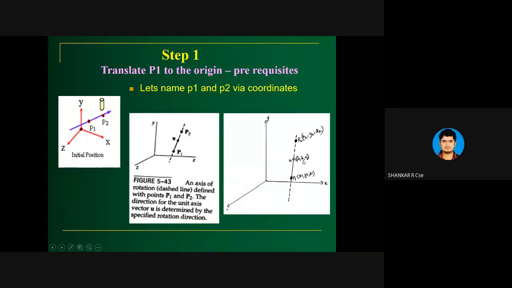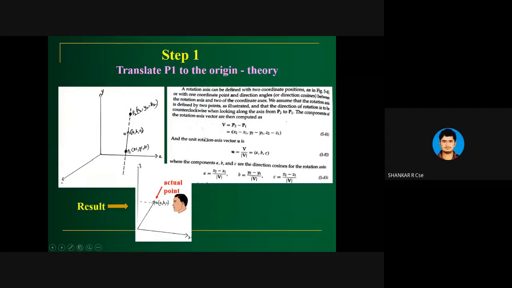Now what do you mean by a? A is the direction cosine of x, or in other words, x2 minus x1 divided by the magnitude of the whole vector. U is ABC, where A is x2 minus x1 divided by the magnitude of the vector. Magnitude of the vector is the square root of (x2 minus x1) squared, (y2 minus y1) squared, (z2 minus z1) squared.